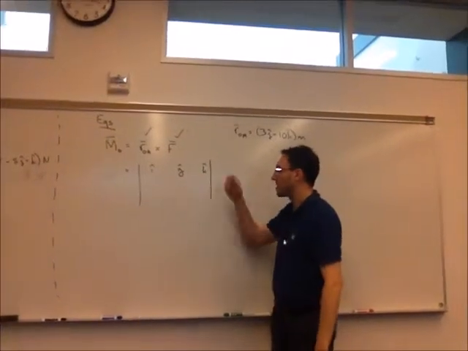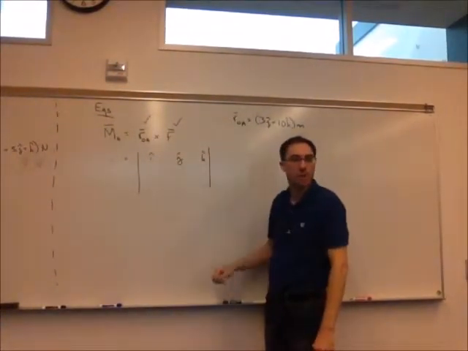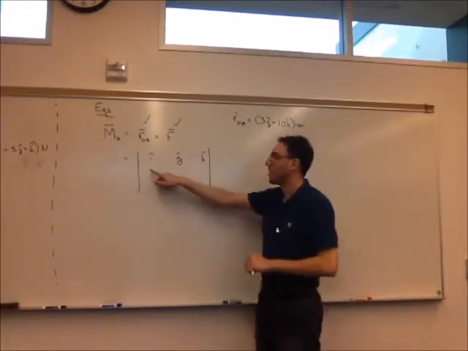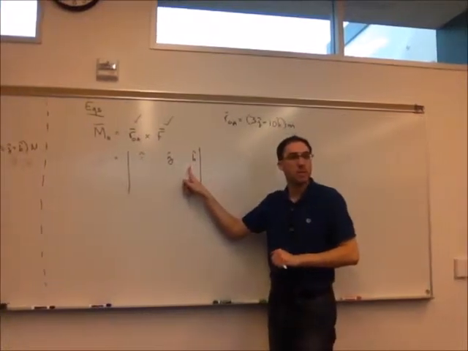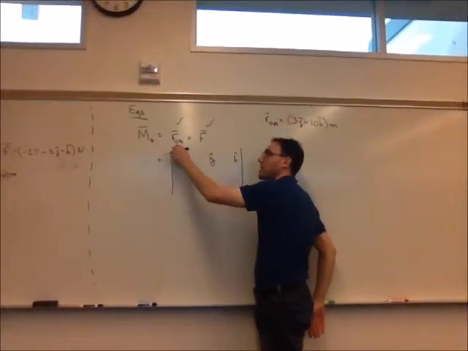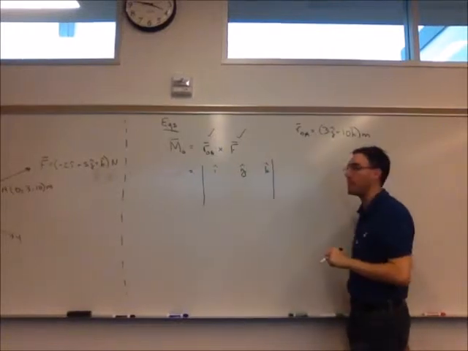All right, so the first line is IJK. So what do I write on the second line of the cross product? So what values do I put in each of these elements? Right, 0, 3, 10. Remember, this second row is the first thing in the cross product. The third row is the second element in the cross product.